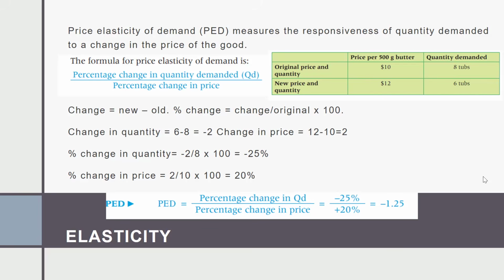Right? And we have a formula on how we calculate elasticity. The price elasticity of demand, which measures the change in demand due to a change in price, is the percentage change in demand divided by the percentage change in price.